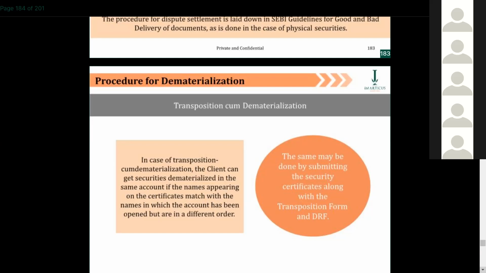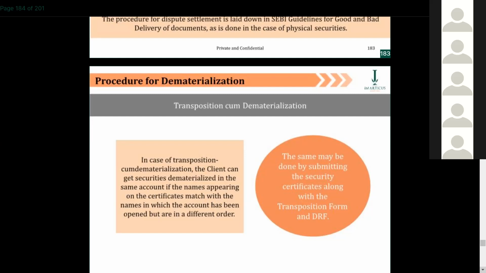So for example, A and B hold the demat account as A the first holder and B as the second holder. However, the shares which they have, B is the first holder and A is the second holder. So the demat account is in the name of A and B, and the shares are in the name of B and A.